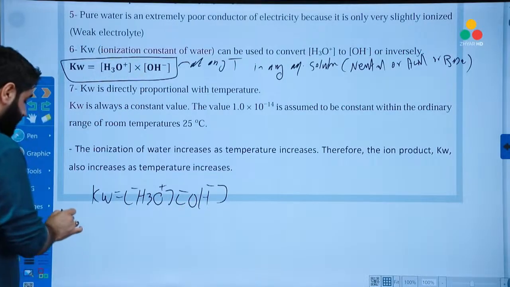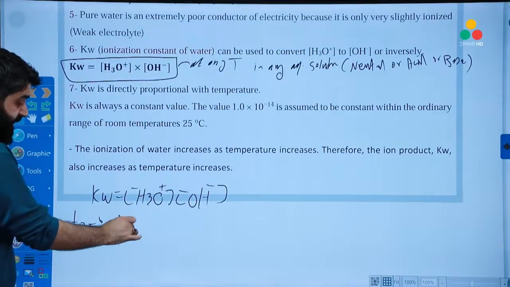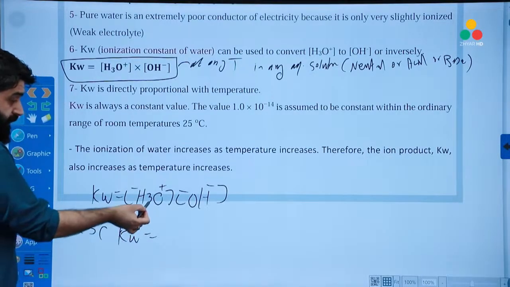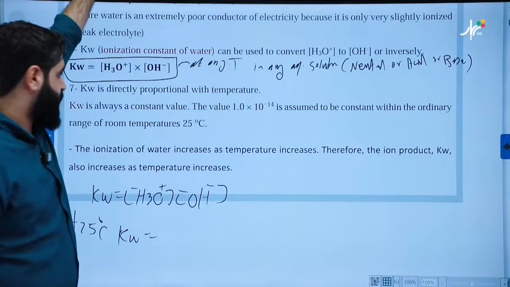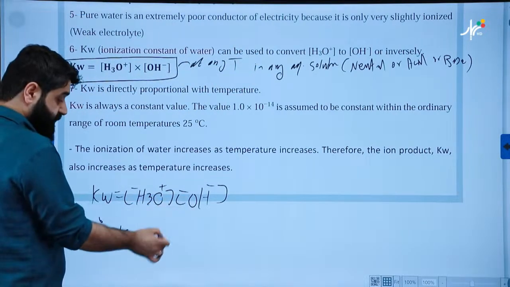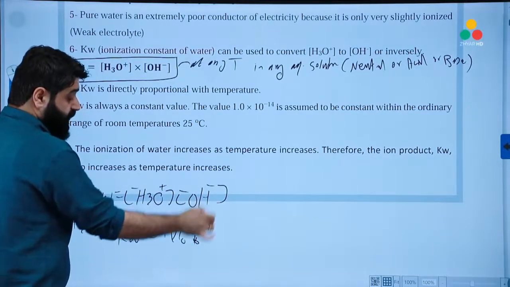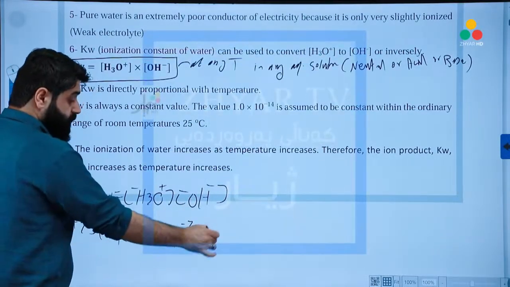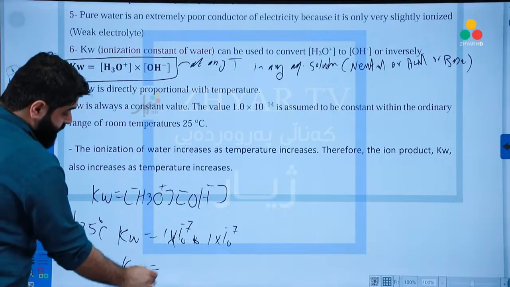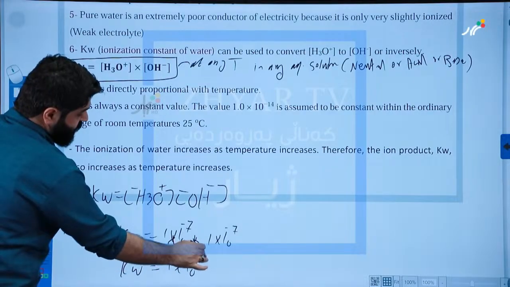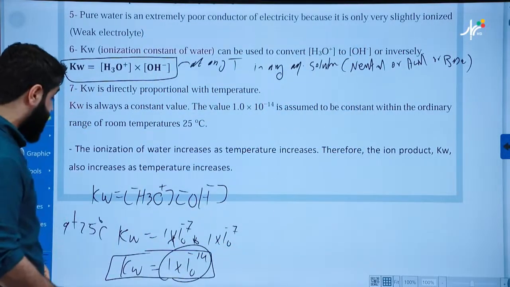How about at 25 Celsius degree? At 25 Celsius degree, you should remember that H3O equals 1 times 10 to negative 7, and OH is also 1 times 10 to the power negative 7. So Kw equals 1 times 10 to the power negative 14. Kw has this value at 25 Celsius degree.